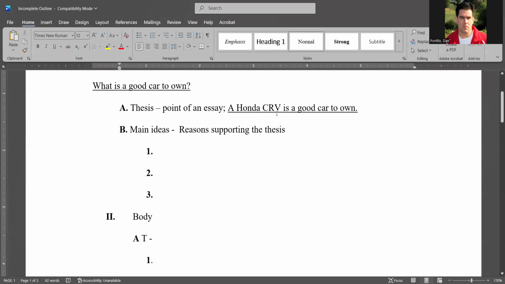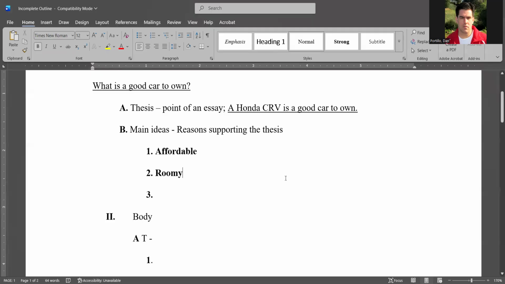In my brother's case, if you were to ask him why he liked his Honda CRV, I can think of three reasons offhand that he would probably say. One, he would say it was affordable. So a little typo there. Then he might say it's roomy.